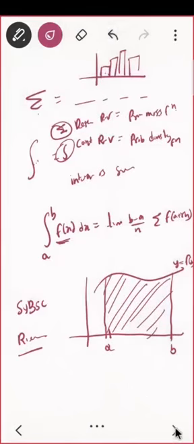Here is one exercise for you guys, homework. Try to show that the series summation log n upon n raised to p is convergent if p is greater than 1, greater than 0.